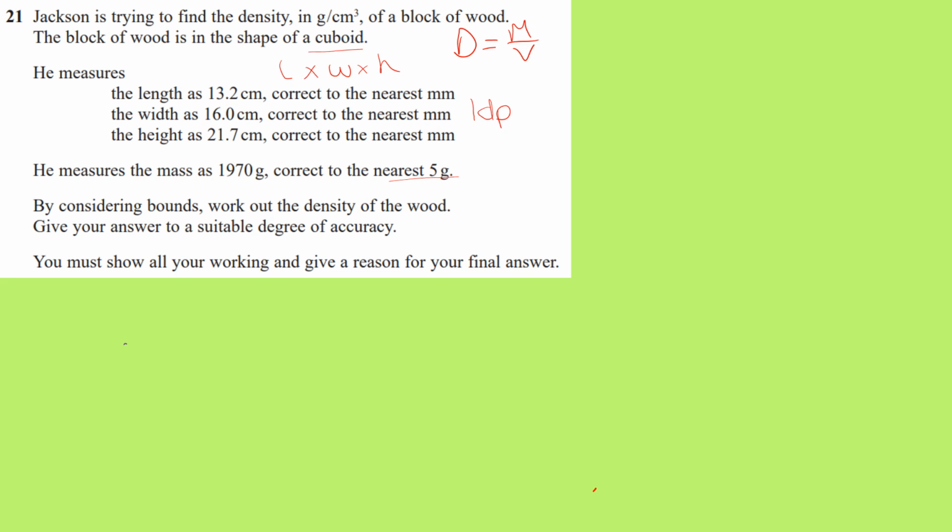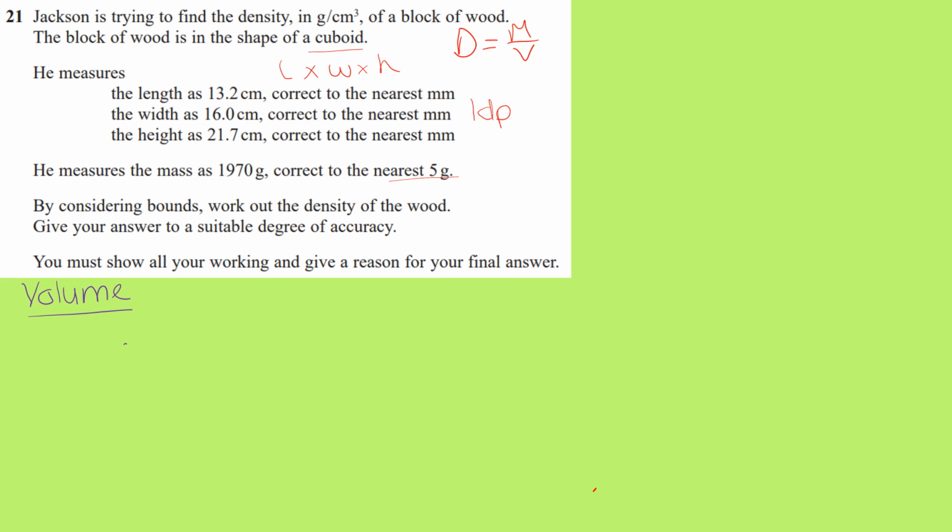And you must show all your working, giving a reason for your final answer. So the first place to start is this section up here with our volume. We can't calculate density without first calculating the volume. But we're not talking about actual measurements, we're talking about rounded measurements, and we're going to use them in a calculation.